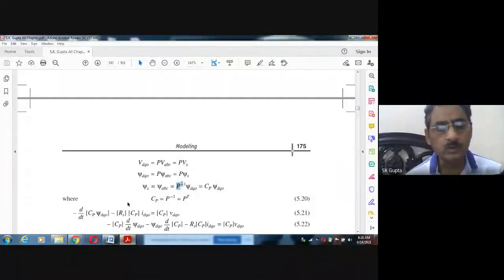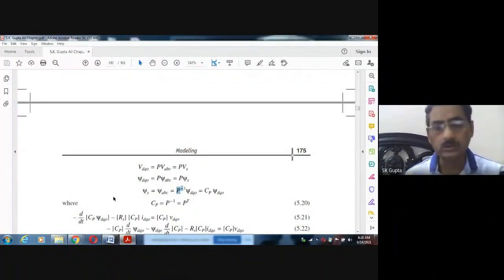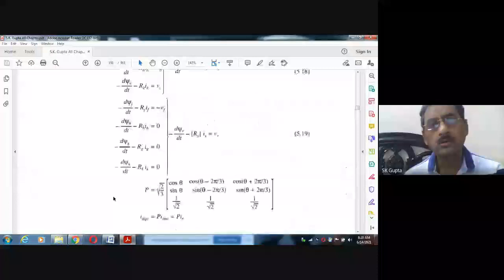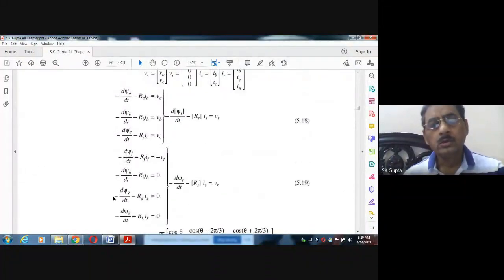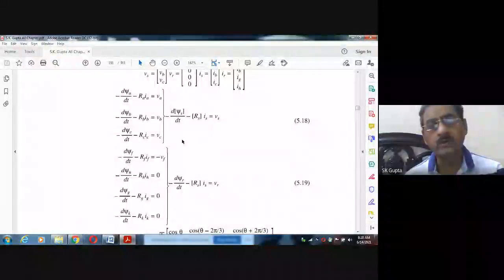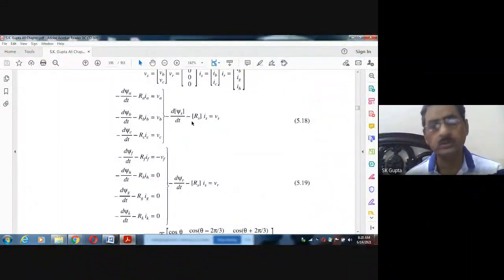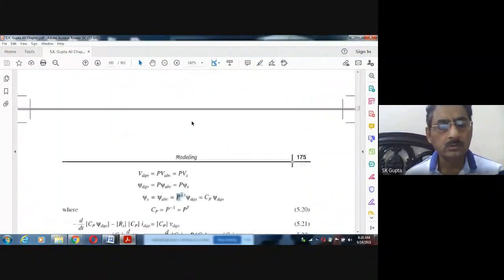Now the equation above, see this equation again here: psi s, rs, vs. Remember this equation and see here.